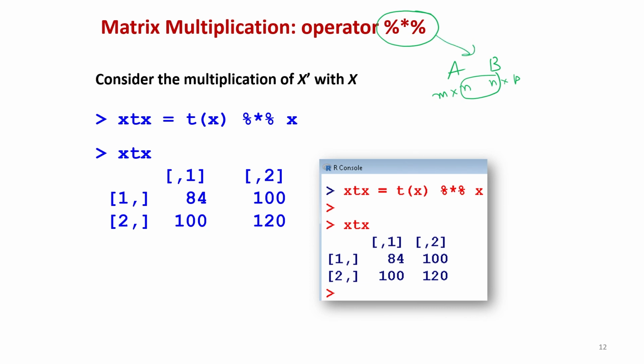So if you multiply the transpose of X into X, both are matrices: t(X) is of order 2 by 4 and X is of order 4 by 2. This is matching, so the resultant matrix will be of order 2 by 2, which is like this, right?